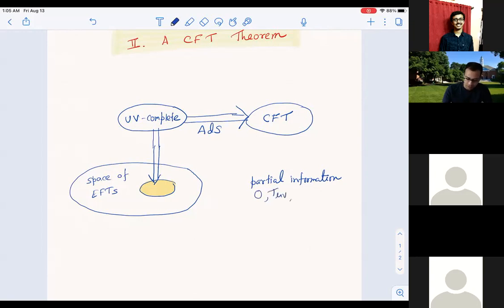We know other double trace operators. And also we know the OPE coefficients. And in particular, we know some of the CFT correlators. But we don't know the entire CFT. We only have information about certain aspects of the CFT.